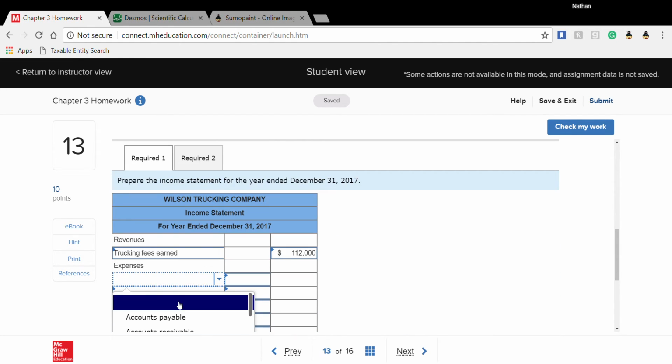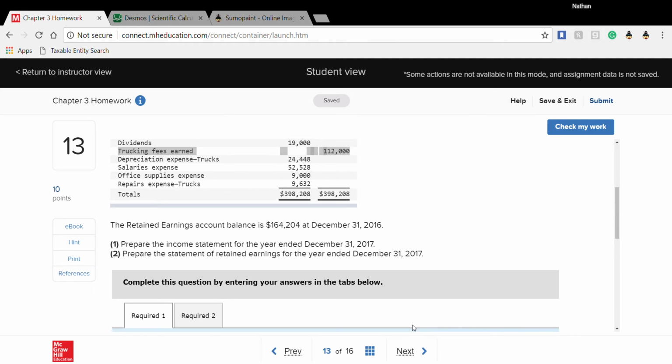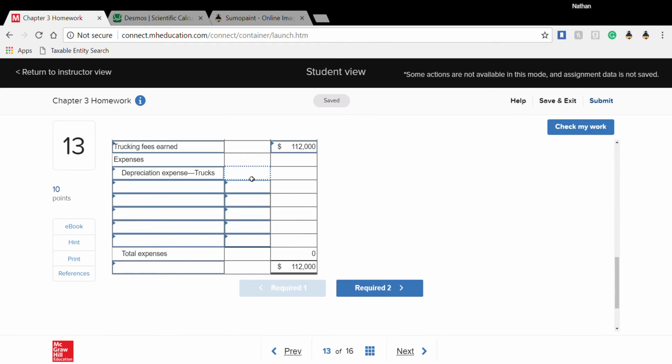Depreciation expense is the first one. So depreciation expense, trucks, 24,448, boom. And then again, we go list them down as they go.